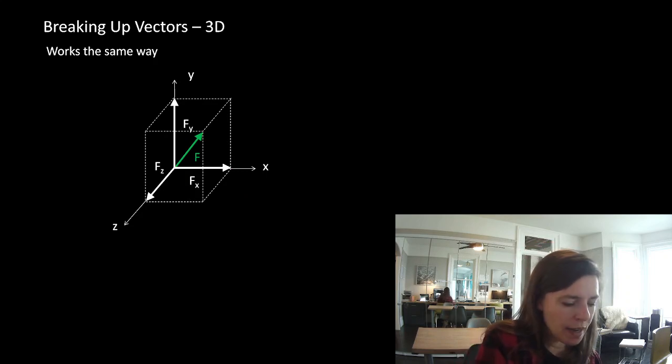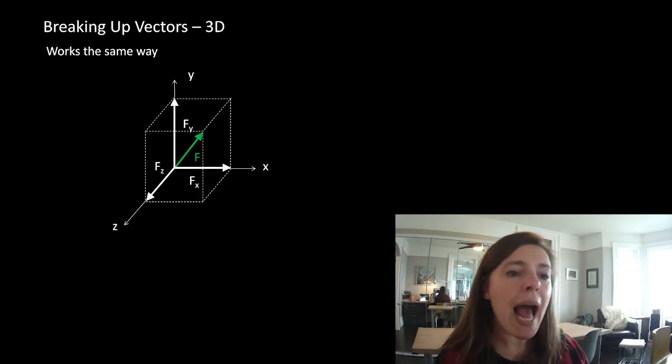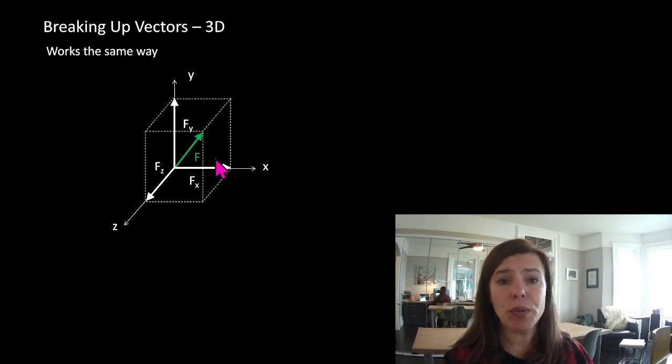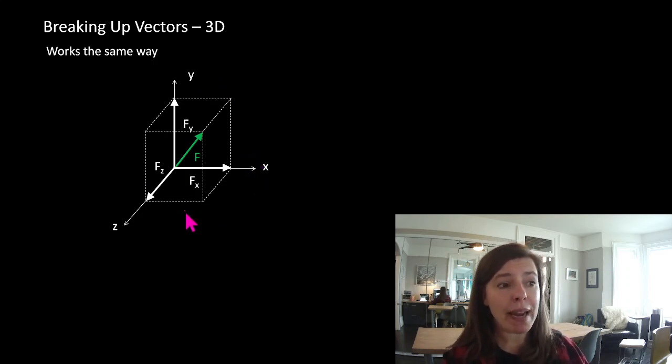So slide 9, add tail to tip. I'm going to add that in for you guys, just because it's really nice to see that if you drew all of these as tail to tip, this still holds true. That addition, that graphical method of adding these up still works. But we can do it mathematically.